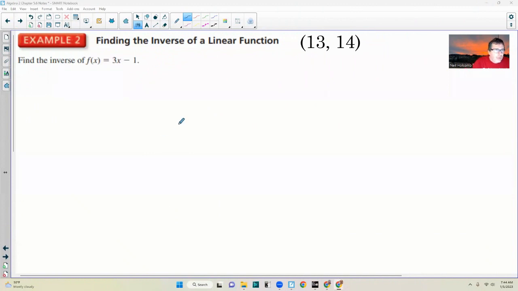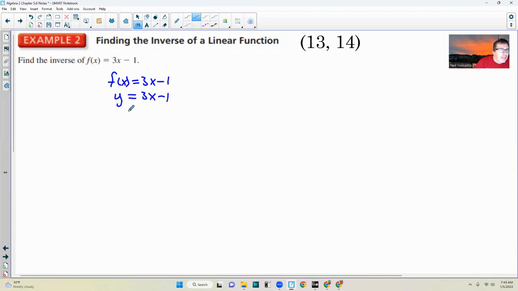Okay, example 2. The book shows 2 methods, method 1 and method 2. I prefer method 2, so I'm only going to do method 2 in this video. So what that means is the first thing I always do is rewrite the problem. F of x equals 3x minus 1. Step 2, replace f of x with y.